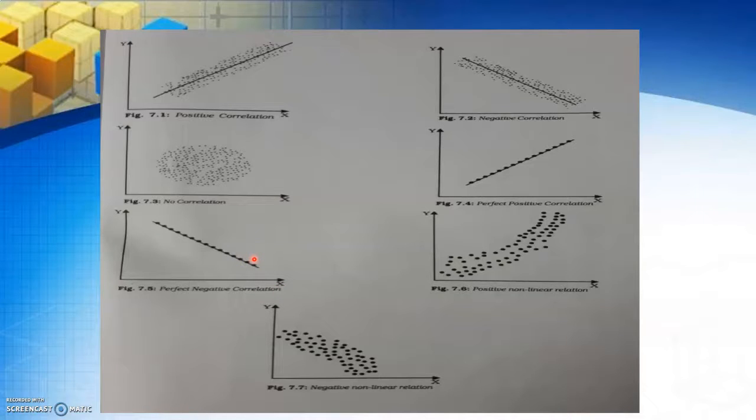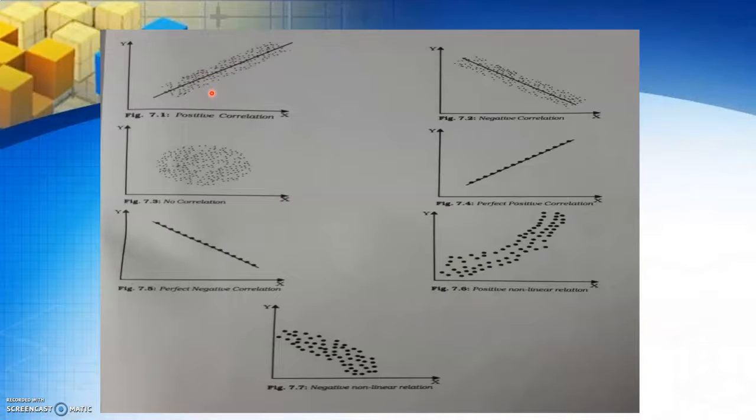Figure 7.1 shows a scatter around an upward rising line, indicating the movement of the variables in the same direction. When x rises, y will also rise. This is a positive correlation.